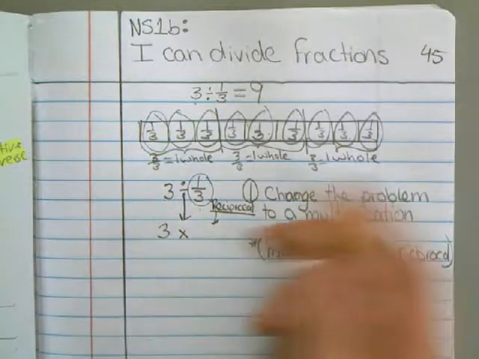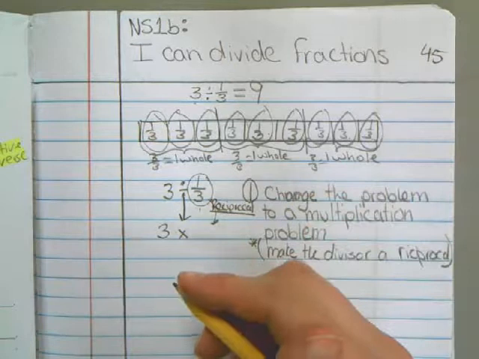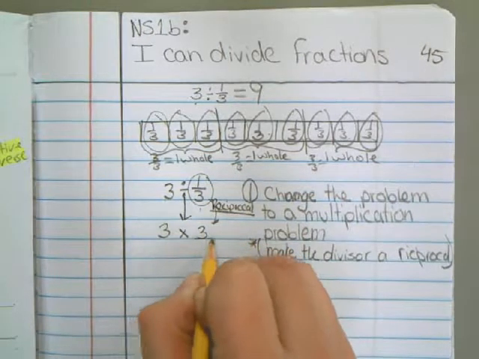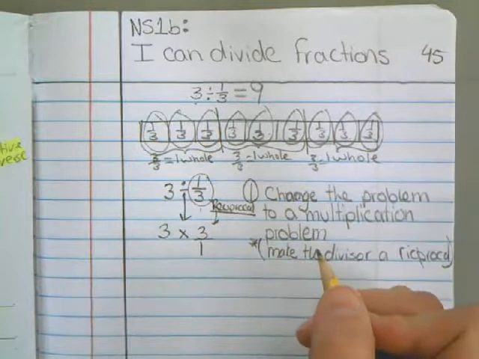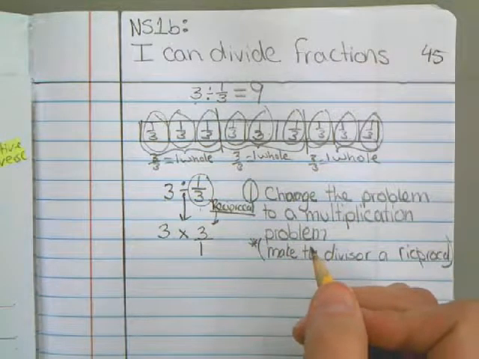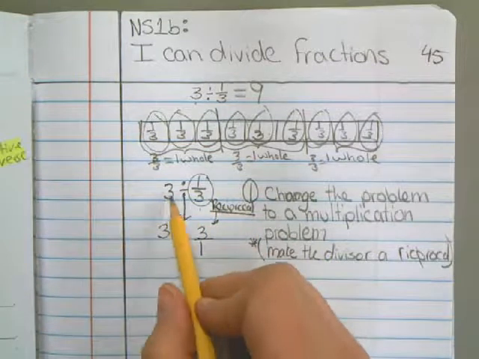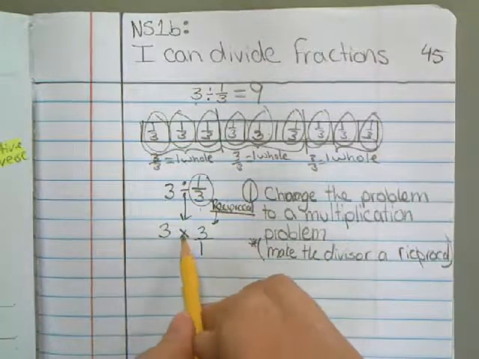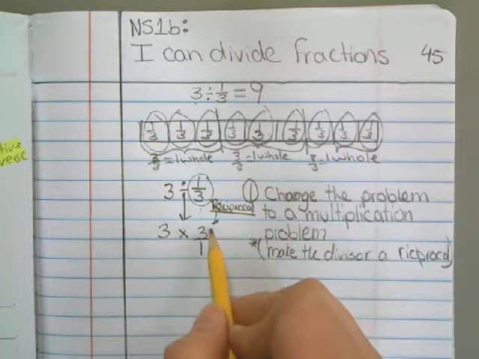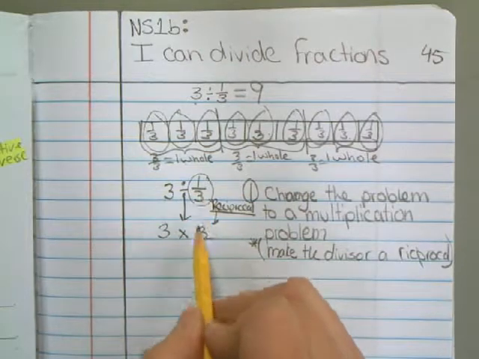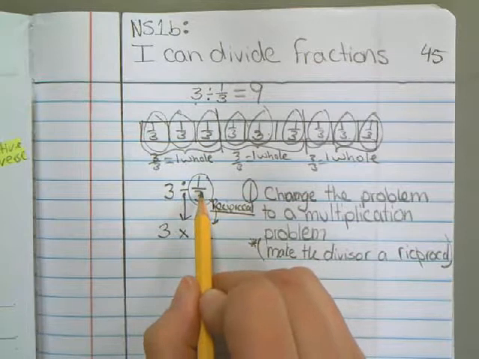Say it. 3 over 1. Okay? So there we have our division problem became a multiplication problem, and we used the reciprocal of the divisor to do that. It's always the divisor. Always the divisor.